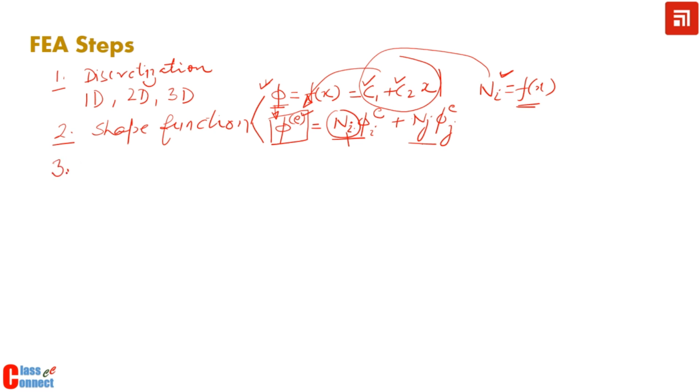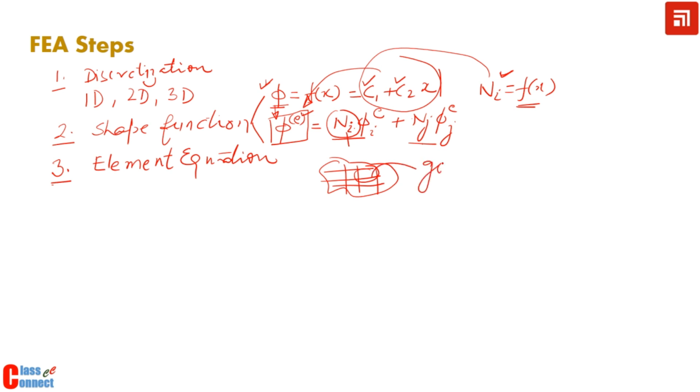The third step in finite element method is to write element equation. We have discussed that when we discretize any domain into subdomains known as elements, then we write the governing equation, or those partial differential equations that govern that domain, for a small element.